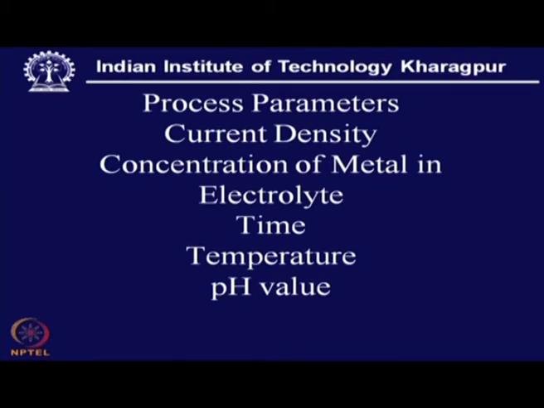Now, one thing we have to also look at is what the process parameters of this electroplating technology are. Here, one is definitely the current density. Current density means the current collecting on the electrode surface, and the area over which so much amperage is supplied gives the current density.